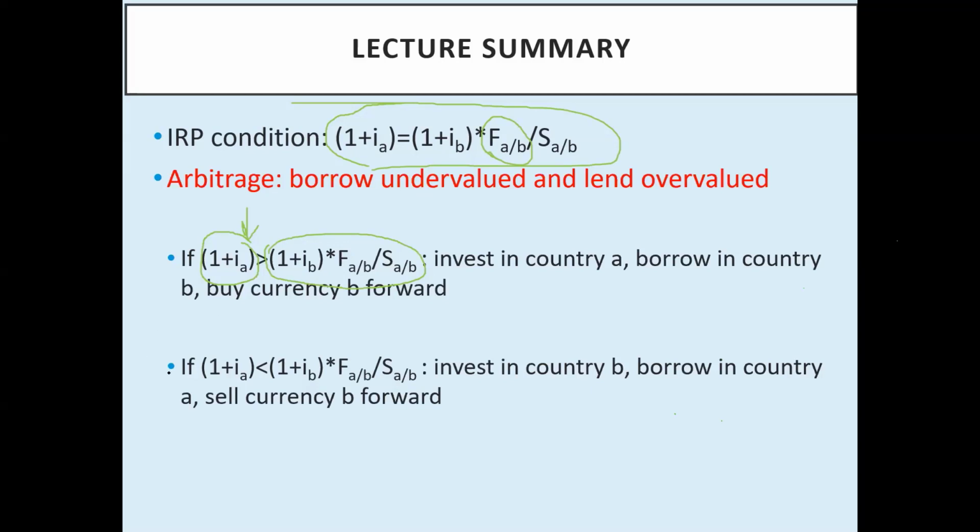In contrast, in the previous example, when it's more expensive to borrow in the domestic market, I'll be lending to the domestic market and borrowing from the foreign market. Through these arbitrage activities, the mispricing should disappear, and eventually the IRP should go back to equilibrium.